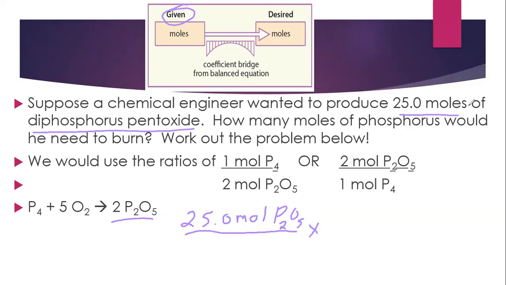Immediately, when we get it to moles, we can go from one mole to the other. Since we have P2O5 in moles, all we got to do is cross over that bridge immediately and get to the next step, which is going to be moles of phosphorus, what we're trying to find.